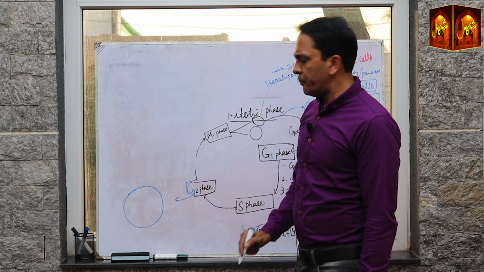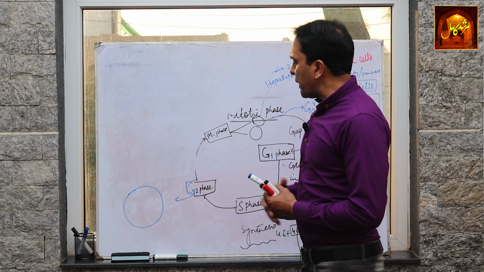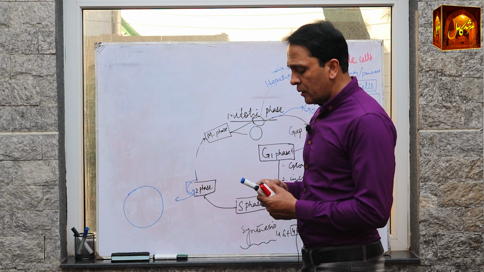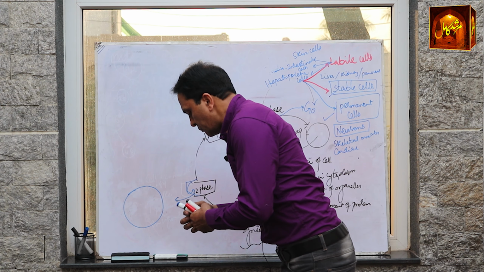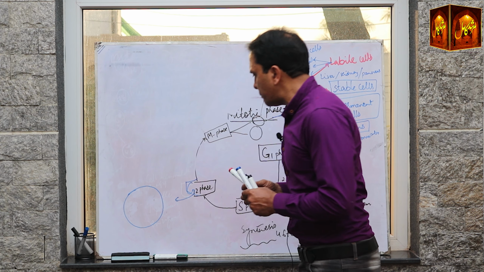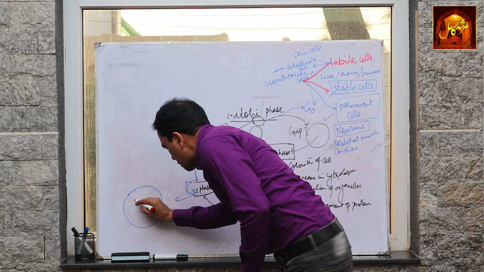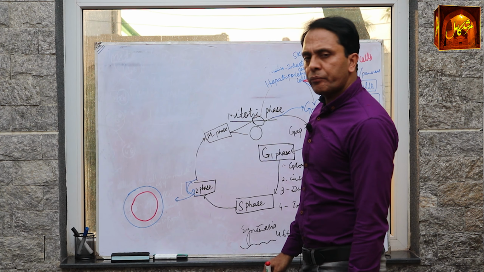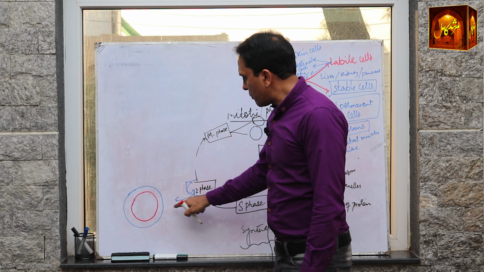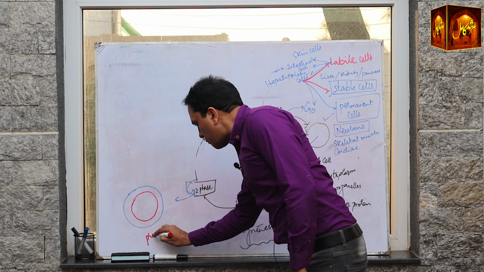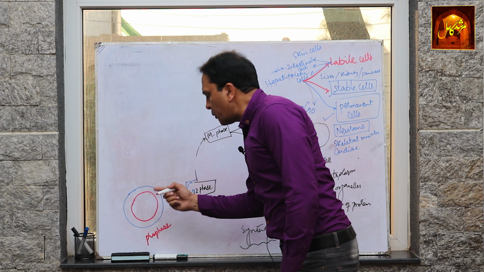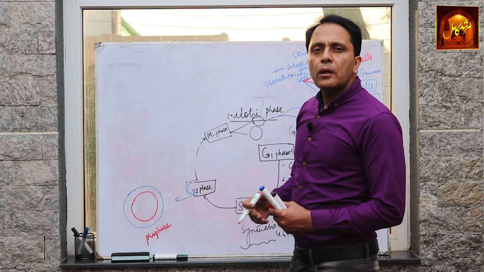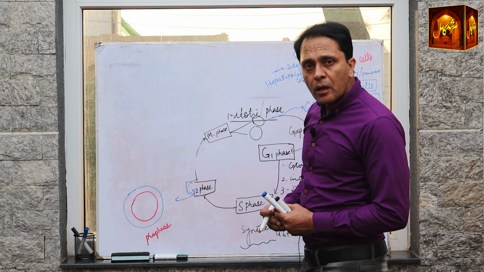When cells enter into the first phase, the prophase, the changes which will take place inside the cell, number 1, the nuclear membrane becomes enlarged, thick and prominent. This is the first change.